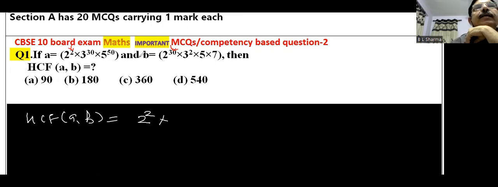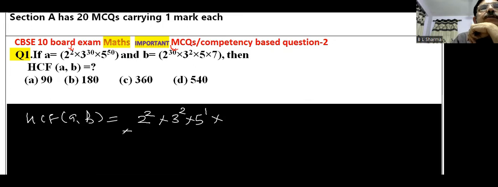Similarly for the 3, the power of 3 is 30, the power of 3 is 2, so smallest is 2, so 3 power 2, and smallest power of 5 is 1, it is 5 power 50, 5 power 1, so smallest power of 5 is 1, and here 7 is not there, so 7 cannot be the common factor here.